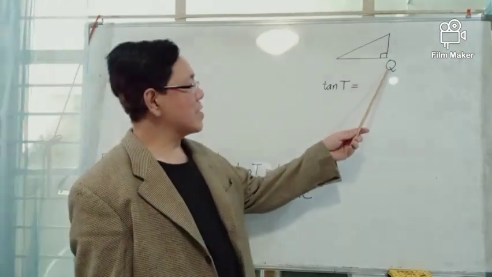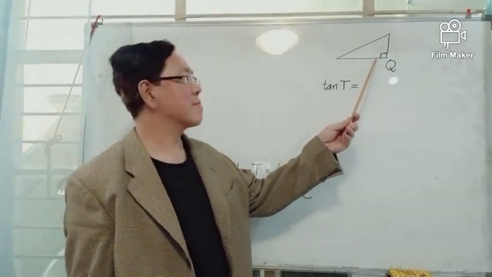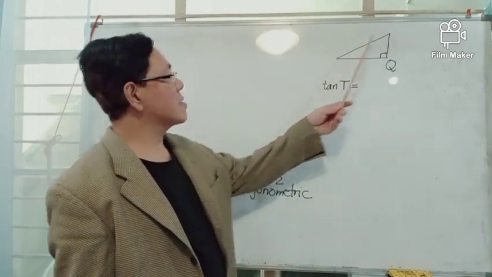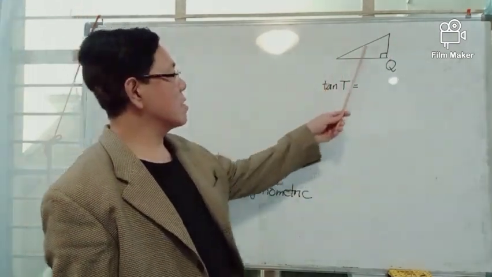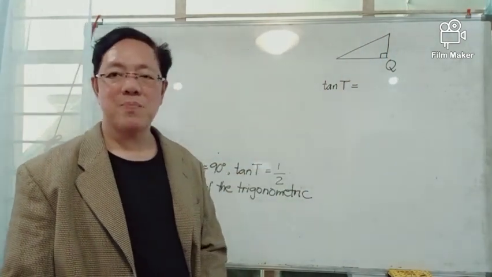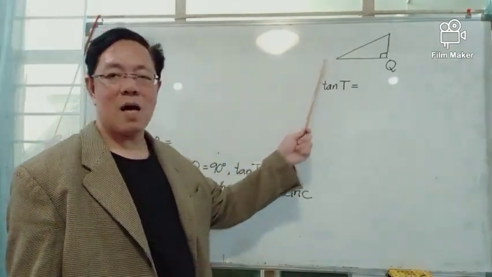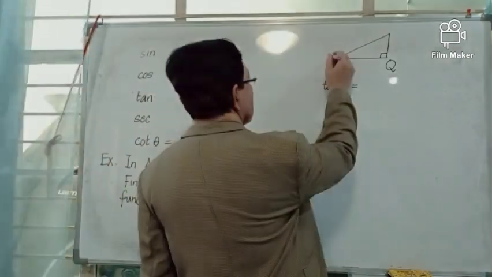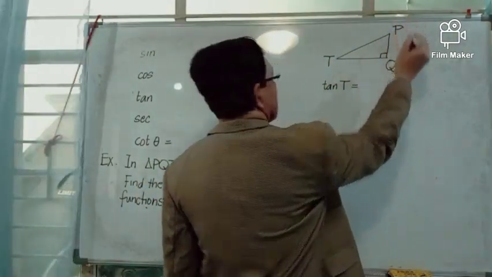And this is 90 degrees as indicated by this small square. And the two acute angles are these angles. You take one of them as P and the other will be T. I will take this as angle T. And the other will be angle P.